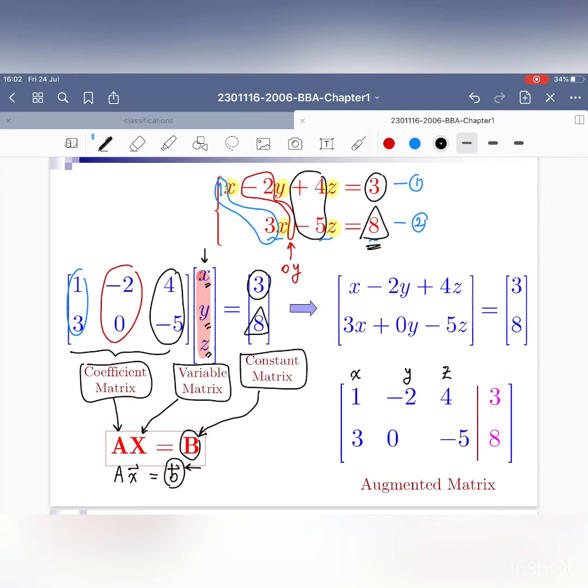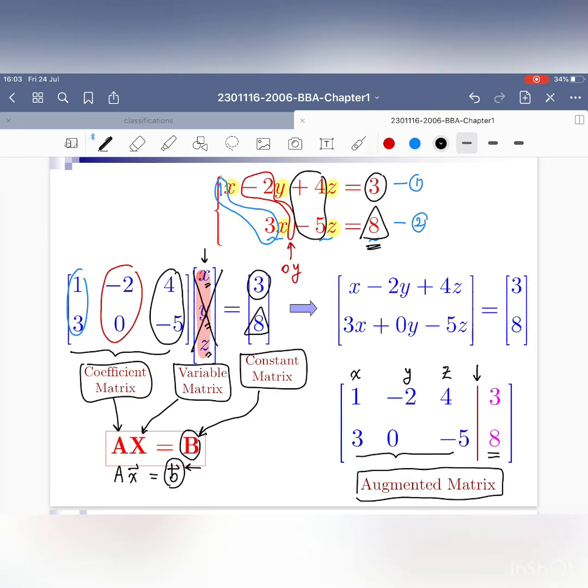So we can ignore them and just put your coefficient matrix attached to your constant matrix, with a vertical line to separate the coefficient and the constant matrix, and ignore the variable matrix. This kind of notation is called the augmented matrix.